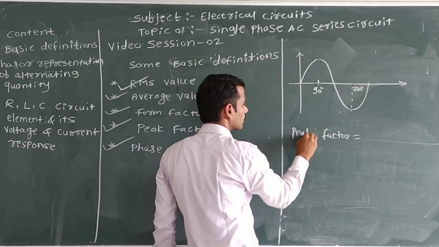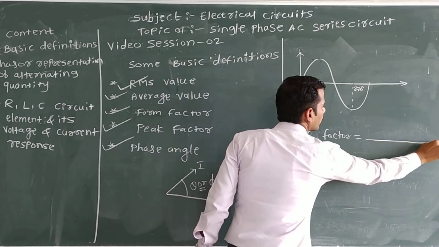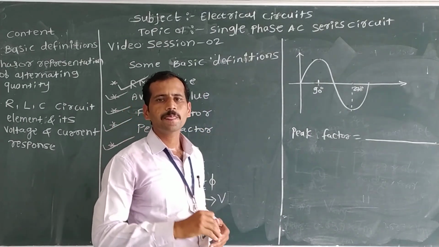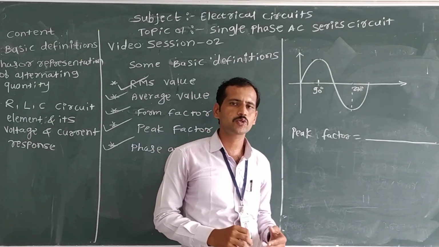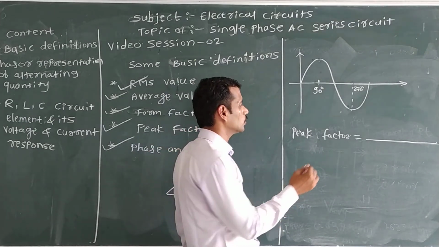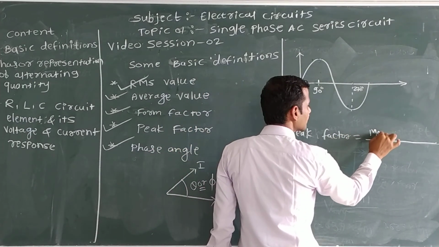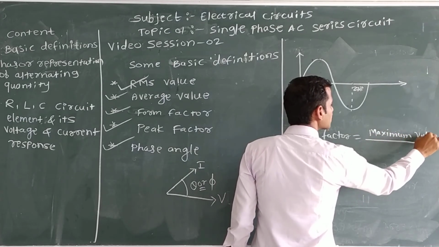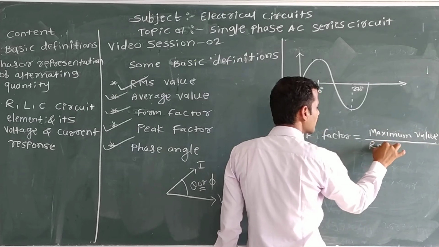Peak factor. The definition of peak factor is the ratio of maximum value to the RMS value.